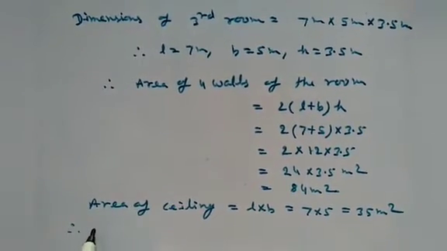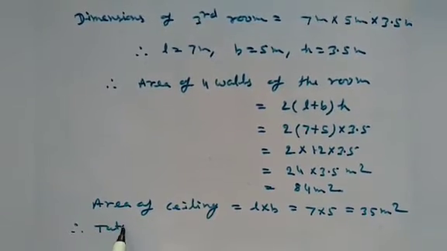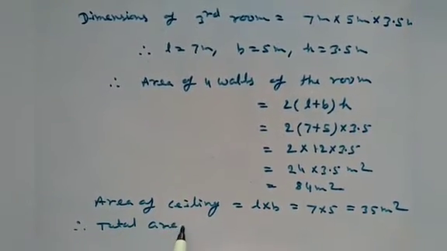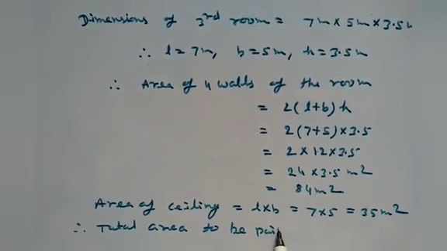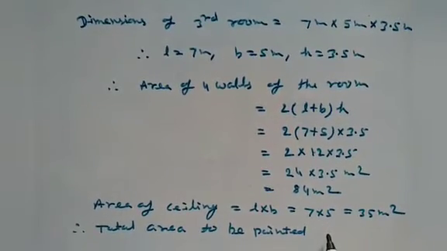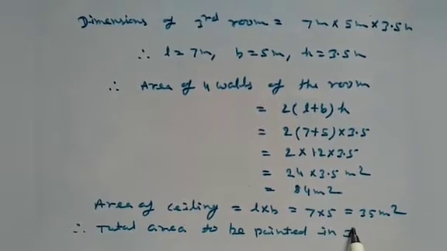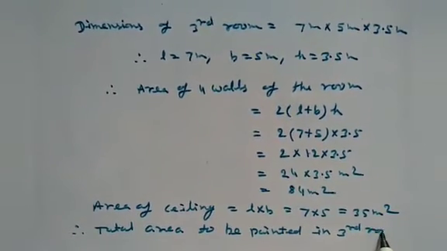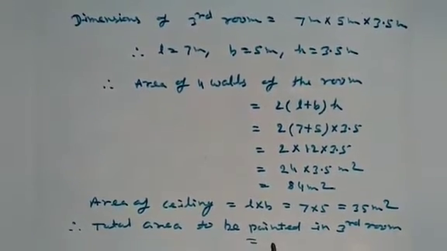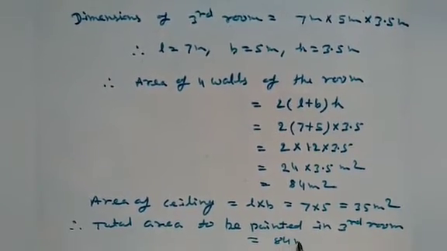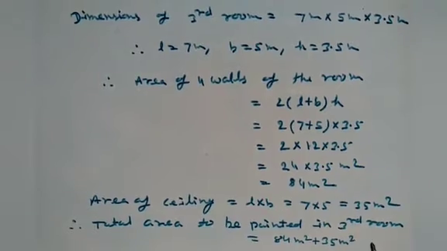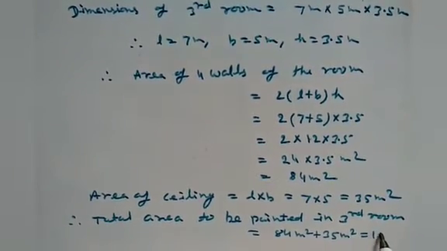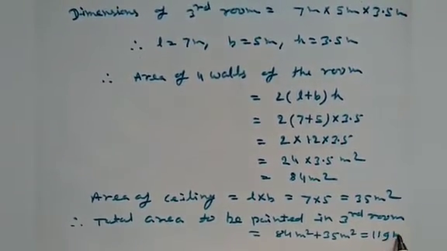So total area to be painted in third room equal to 84 meter square plus 35 meter square, equal to 119 meter square.